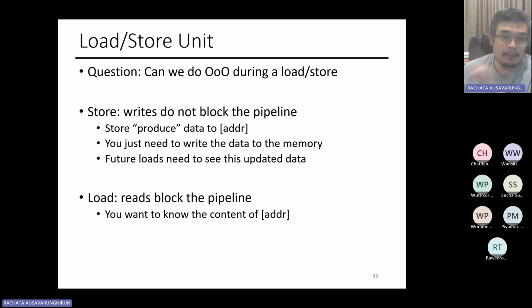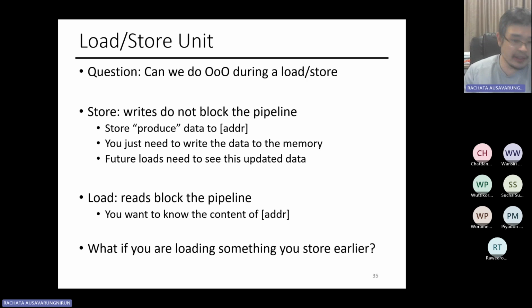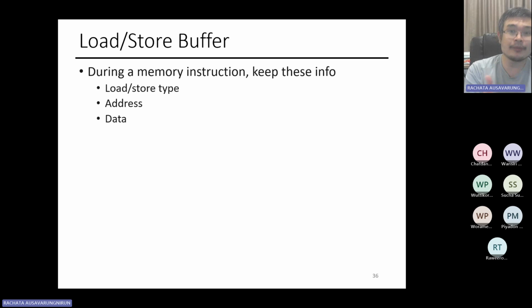Load is what blocks the pipeline because I want something in my register, and that register may be needed later. So if I go to DRAM to get something into my register, that might block the pipeline. If you have a load to some previous store and that store is still in the store buffer, it can forward to you.